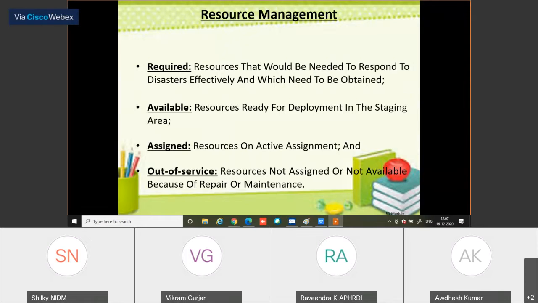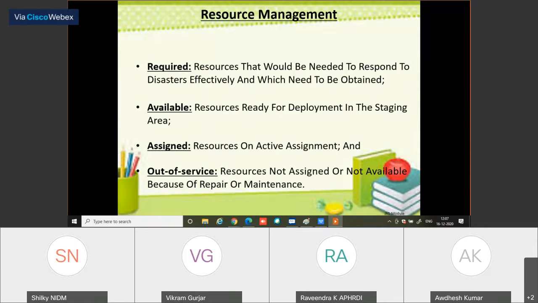Unified command or area command: we can have a unified command, and with area command, if we take a certain area, say hilly terrain, there may be various hills. For every hilly region, there may be a different approach to proceed.